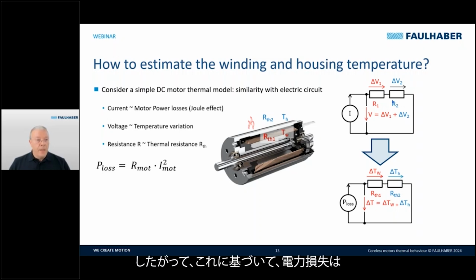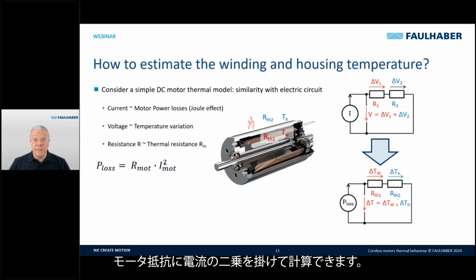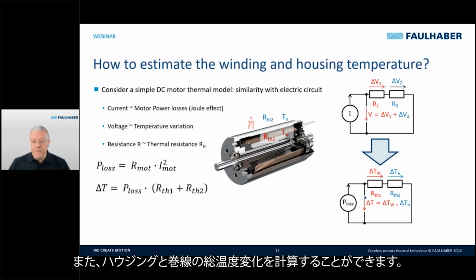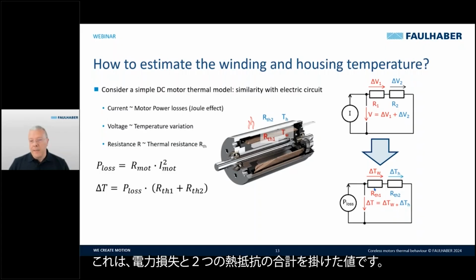So based on this, we can calculate the power losses as motor resistance times the square of the motor current. We can calculate the total variation of temperature between housing plus winding, and this is power losses times the sum of the two thermal resistances.